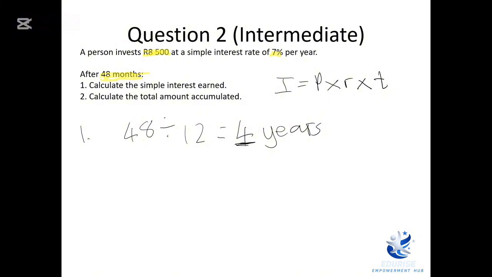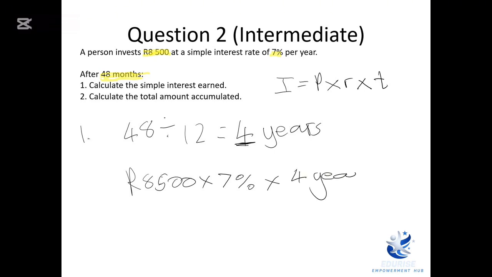So we just insert into our formula. The interest is equal to the principal amount, which is 8,500, multiplied by the interest rate per year, which is 7%, or 7 over 100, multiplied by the time, which is 4 years.